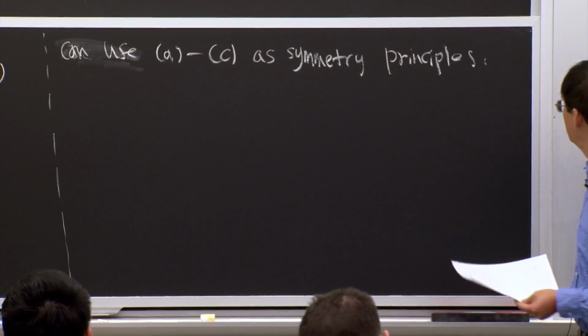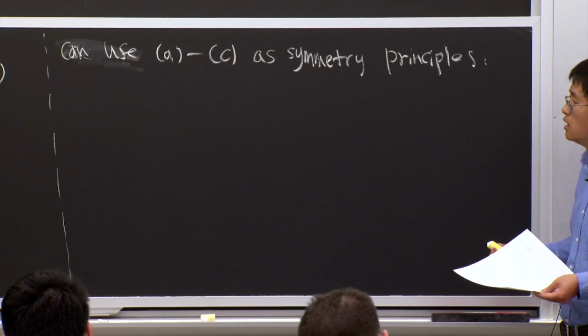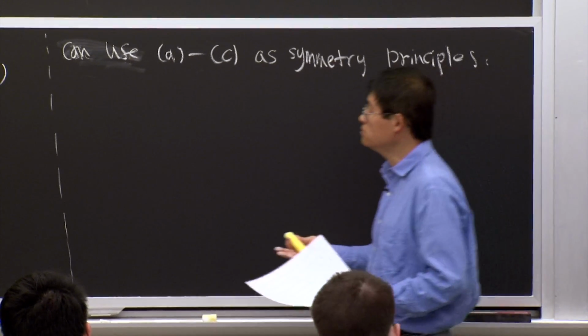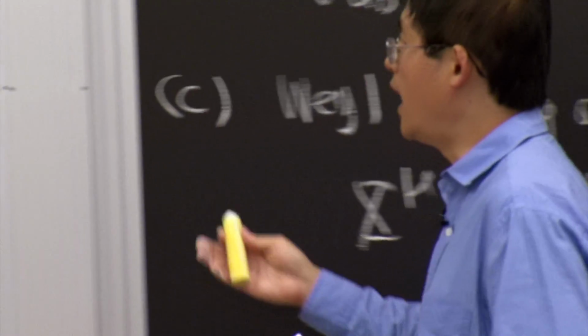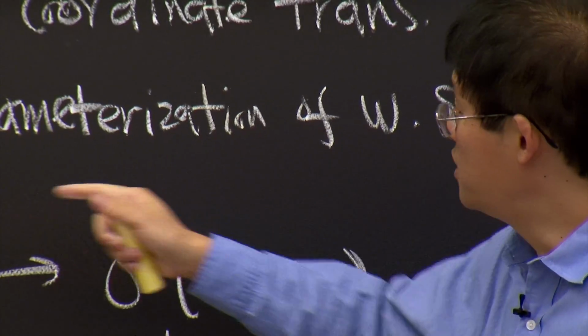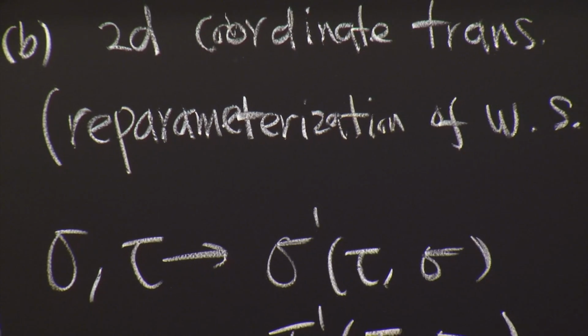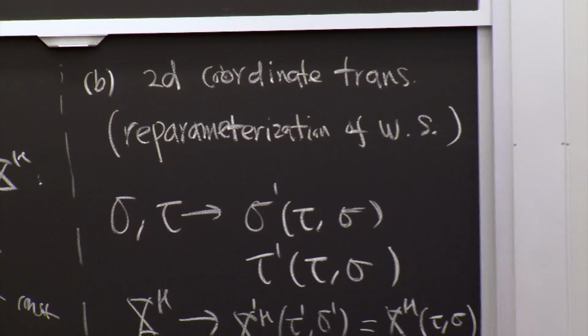Suppose we require an action to be invariant under A, B, C. What is the most general action?